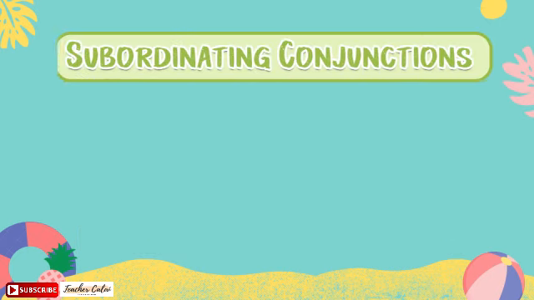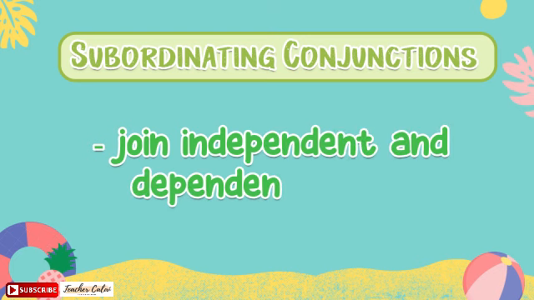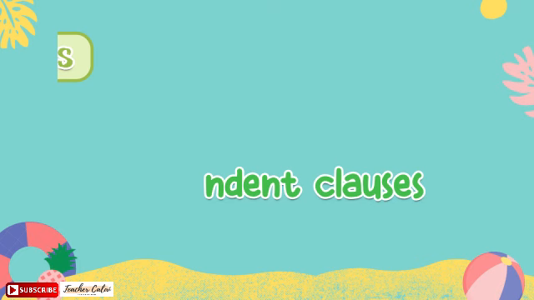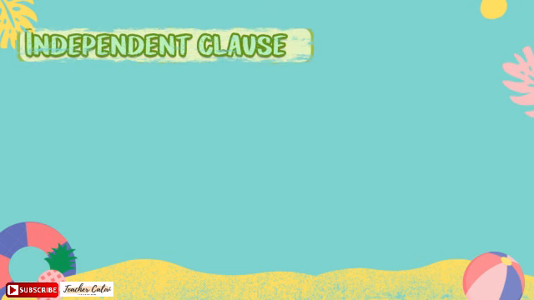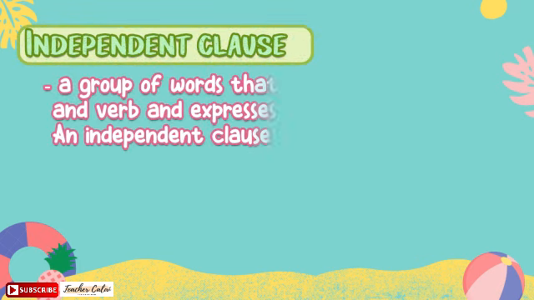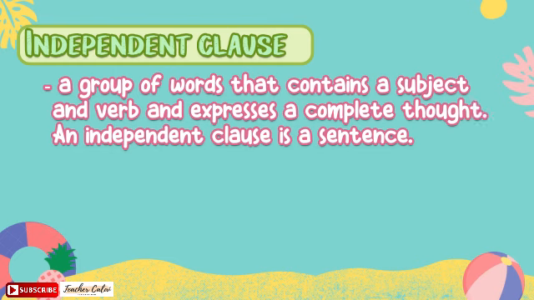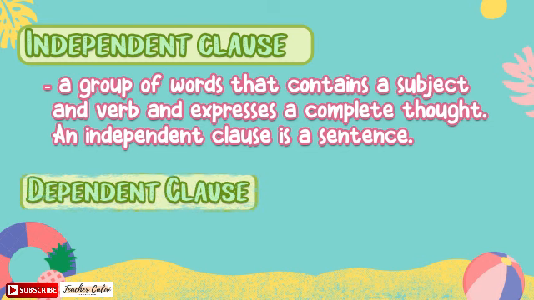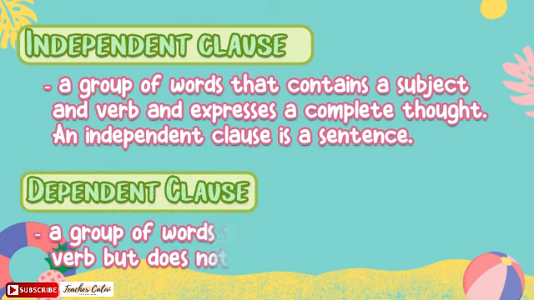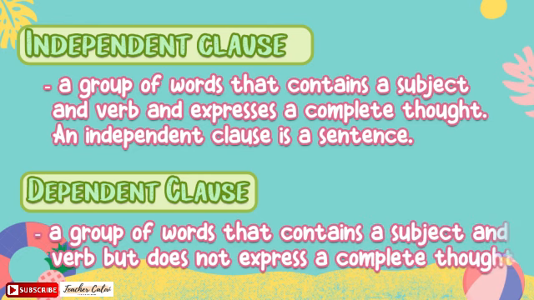And subordinating conjunctions join independent and dependent clauses. An independent clause is a group of words that contains a subject and verb and expresses a complete thought. An independent clause is a sentence, while a dependent clause is a group of words that contains a subject and verb but does not express a complete thought.